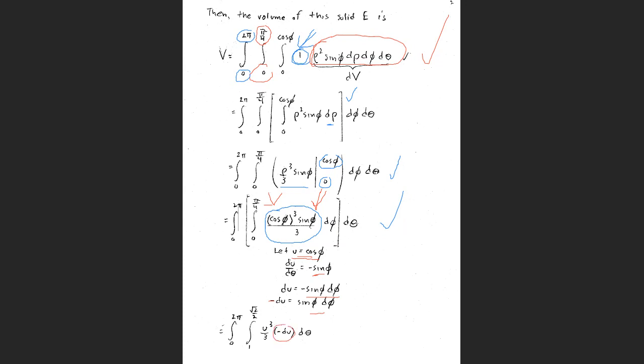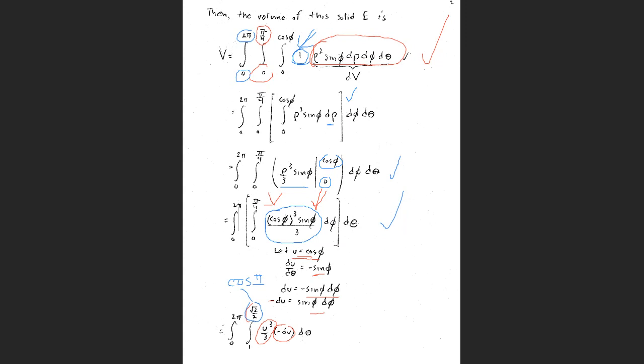Cosine phi cubed over 3 is u cubed over 3. And of course, the limits, well, how do I get root 2 over 2? Root 2 over 2 is the cosine of pi over 4.